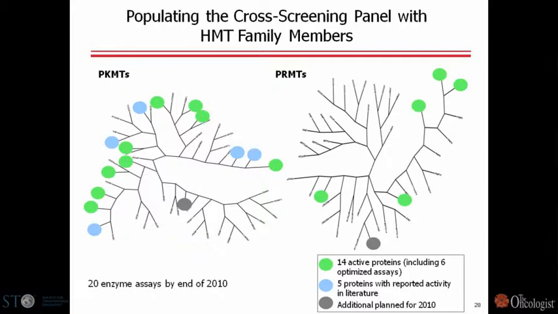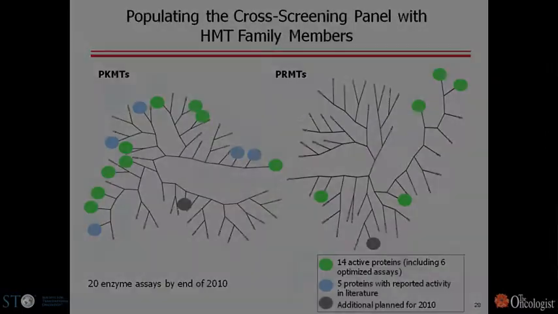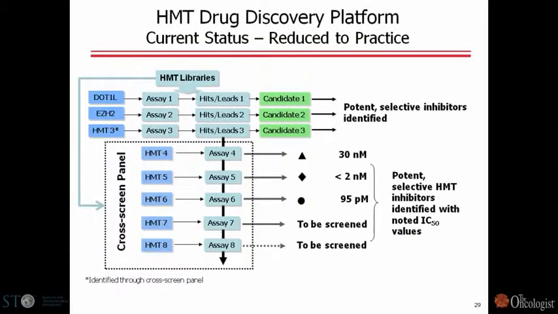So how can we exploit in an effective way this large target pool? We're using a process that we refer to as cross-screening. I mentioned to you that we have identified some proprietary biochemical methodologies by which we can screen any of these enzymes in a biochemical assay and look at the effect of inhibitors.